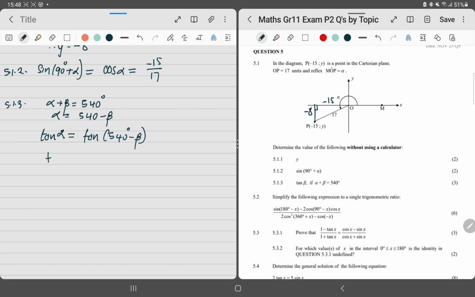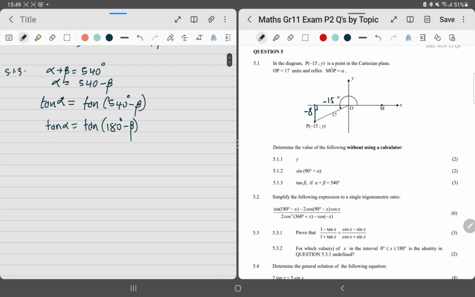Here I'll be left with tan alpha is equal to tan of 180 minus beta. So I subtracted 360 from the 540. So I know that tan of alpha is given by minus 8 over minus 15.